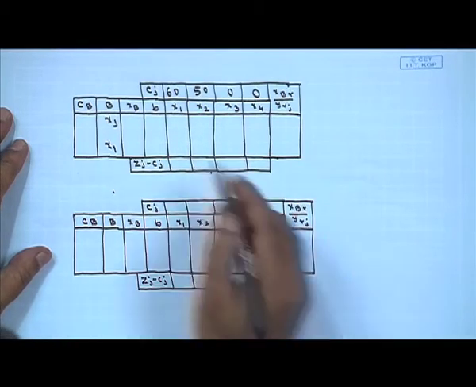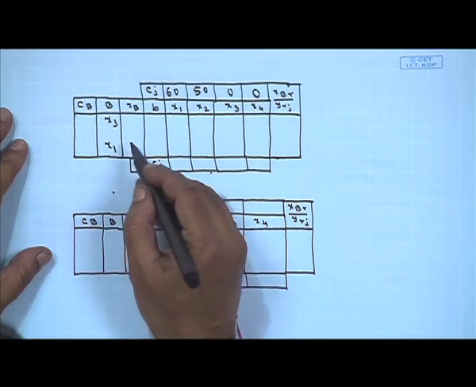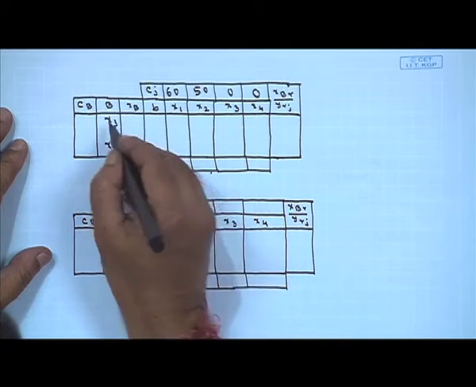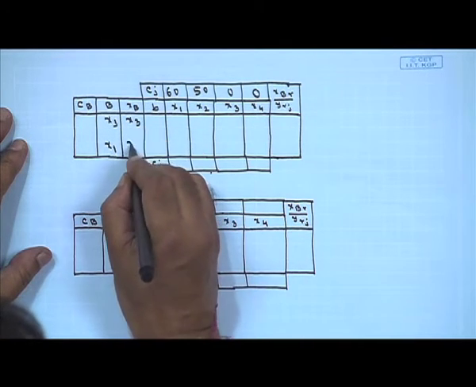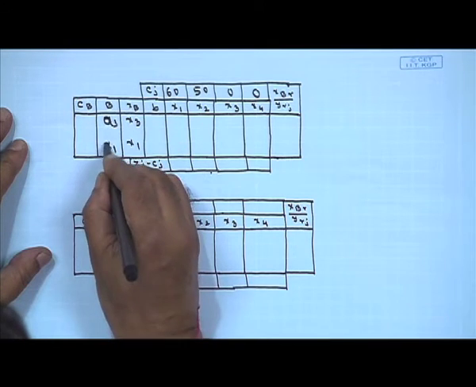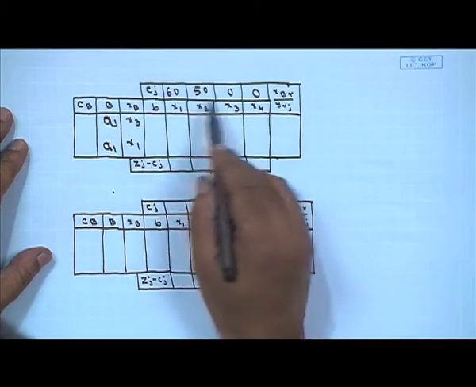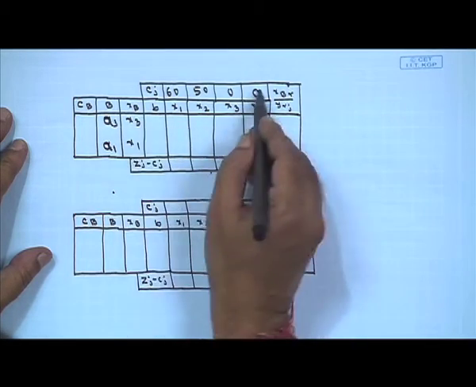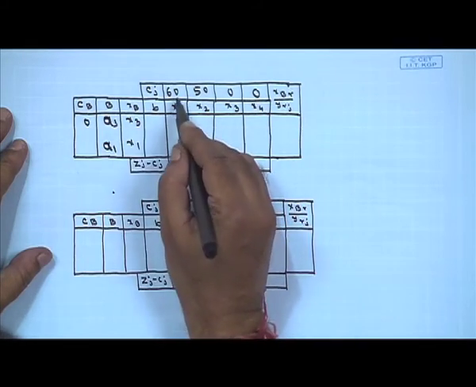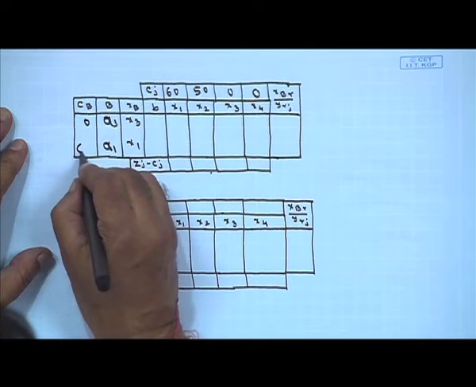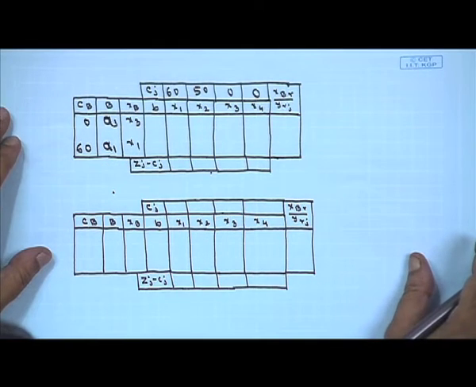Sorry, X_B is x3 and x1, this is a1 and a3. Corresponding to x3 and x1, the cost coefficient for x3 is 0, and for x1 the cost coefficient is 60. So, I am writing 60 over here.